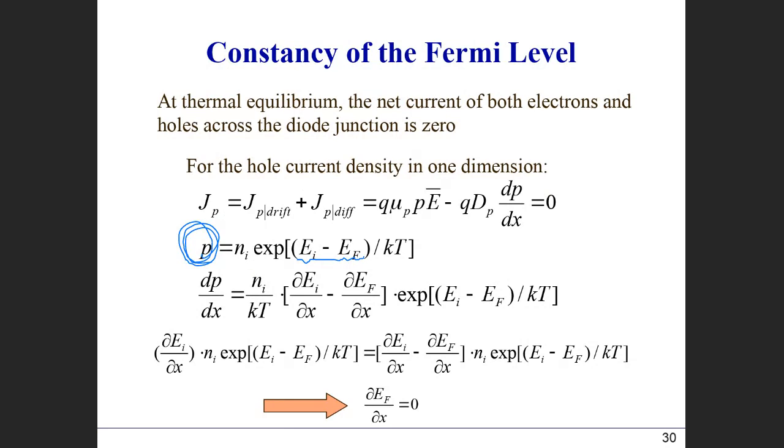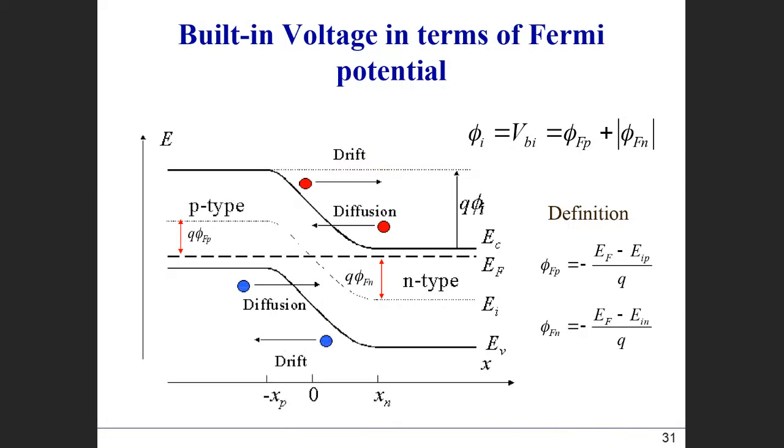If you have more separation, the number of holes is going to increase. So if you have more separation, you have a higher hole concentration. This separation represents the level of doping on this side.